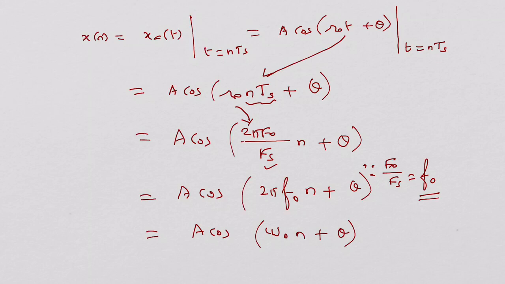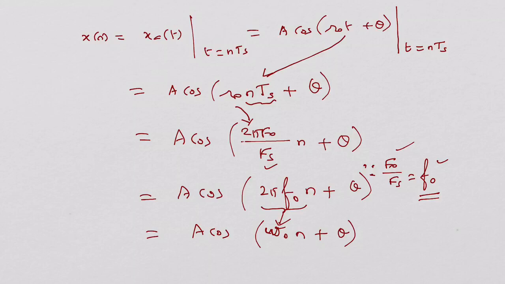See the difference. Capital F naught is the analog signal frequency, small f naught is its equivalent discrete time signal frequency. Now it is represented in short form as 2 pi f naught into n plus theta. As you all know, 2 pi f naught will be represented by omega naught.